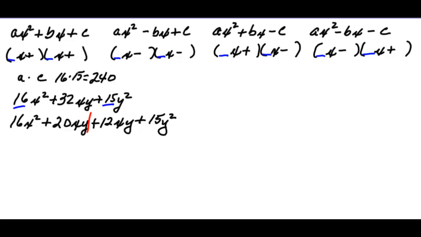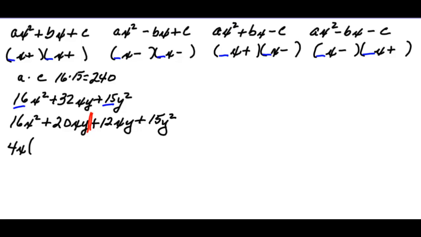What I'm going to do now is that factoring by grouping that we did once before. I'm going to separate the first 2 from the last 2, factoring out a common term. In the first 2, the numbers 16 and 20 can both be divided by 4. And I have an x squared and an x, so I can factor out an x.